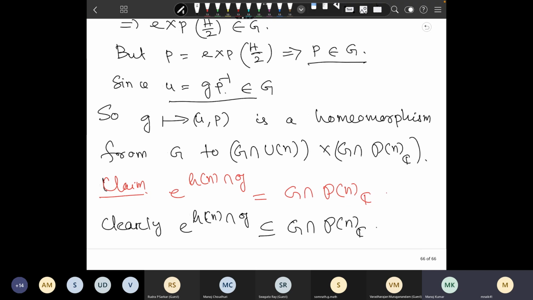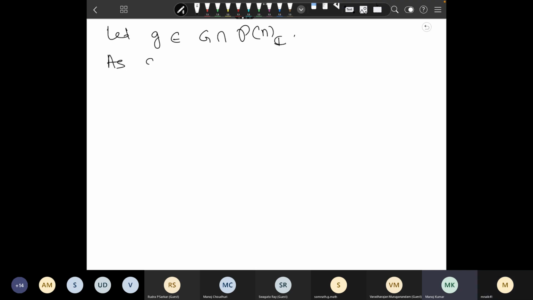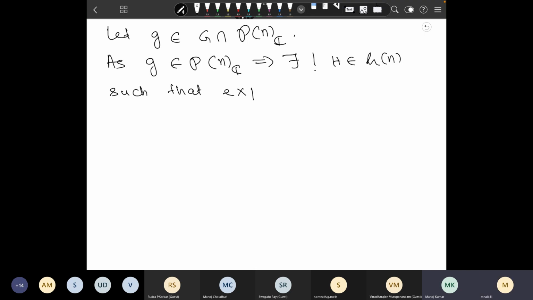Conversely, let g belong to G intersection PNC. Now, as g belongs to PNC, there is a unique H belonging to Hn so that the exponential of H is equal to g.